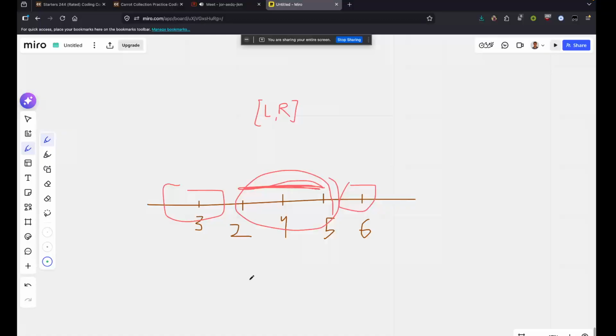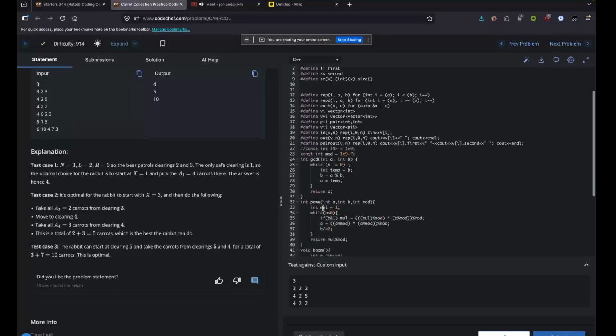On the left side of the least one, I calculated the sum of all the elements, and on the right side of the max one, I calculated the sum of all elements, and whichever one was the max, I just printed it out. Okay, you are saying you are isolating the patrolling area and calculating the sum of elements on this side and this side, right? Yes, bhaiya, and returning the maximum value among them. Okay, that was the same approach as mine.